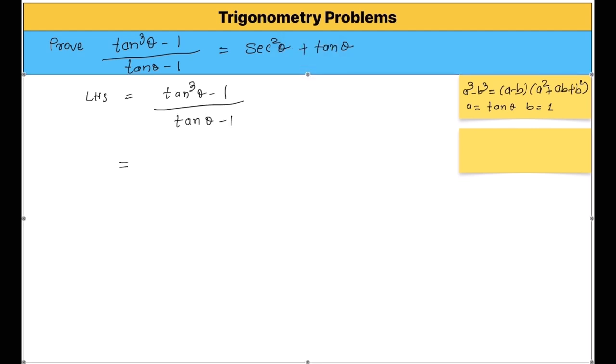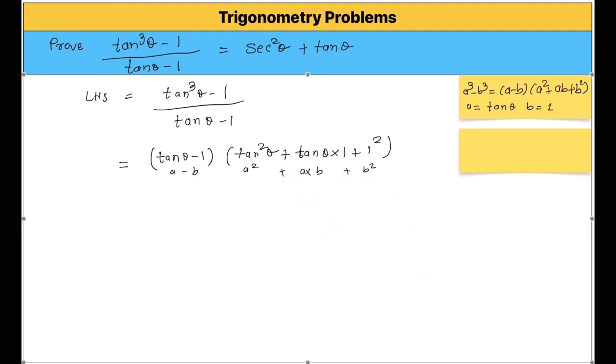Let us solve this. Let's take LHS. Tan cube theta minus 1 upon tan theta minus 1. As shown in the hint, we can expand tan cube theta minus 1 considering a as tan theta and b as 1. So this would be tan theta minus 1 into bracket tan square theta plus tan theta into 1 plus 1 square.